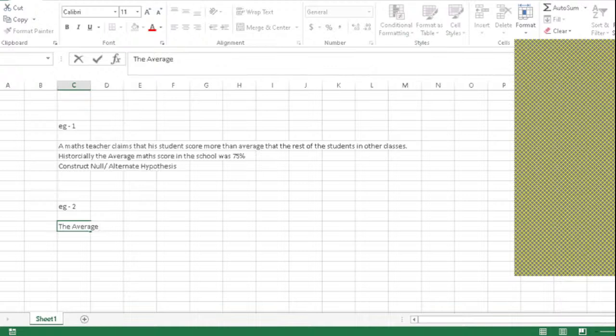Let others also respond, those who want to respond. I'll just wait for 30 more seconds and then we'll start. The average running time.